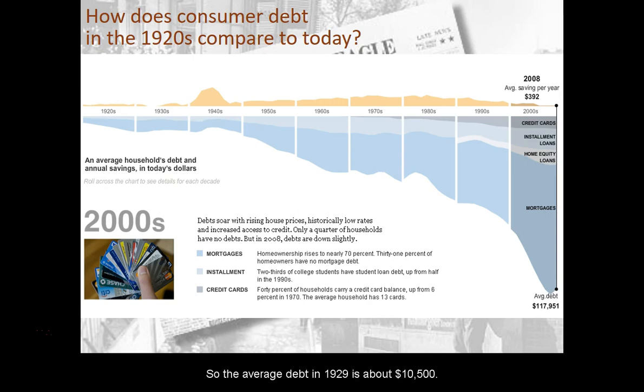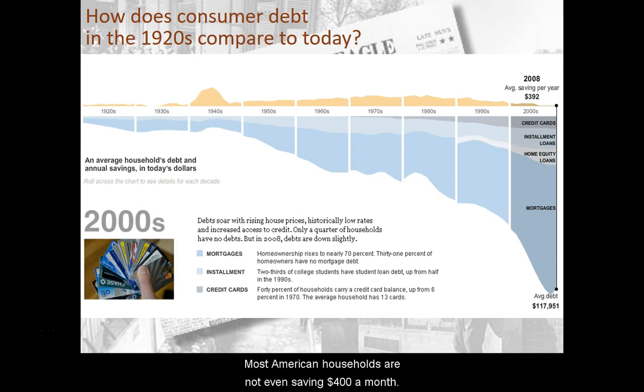So the average debt in 1929 is about $10,500. In 2008, the average savings is approximately $392 on average, but the debt is $117,951.